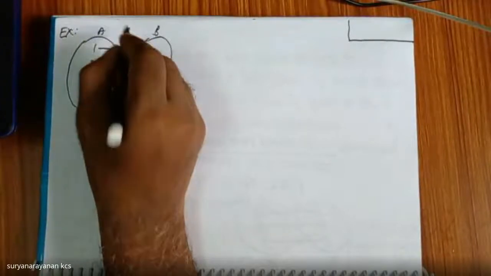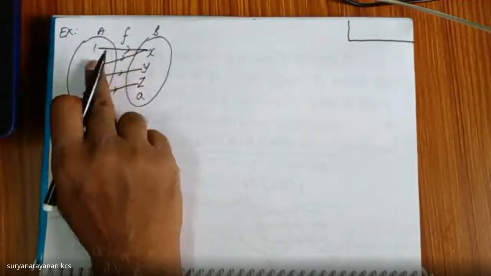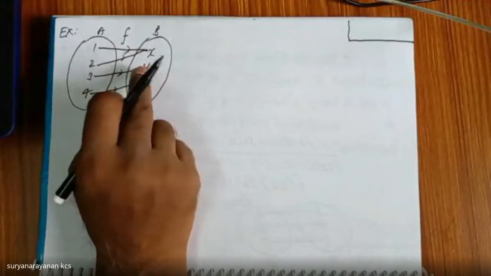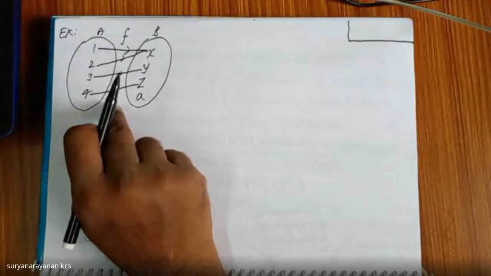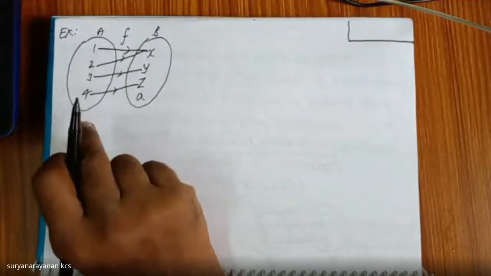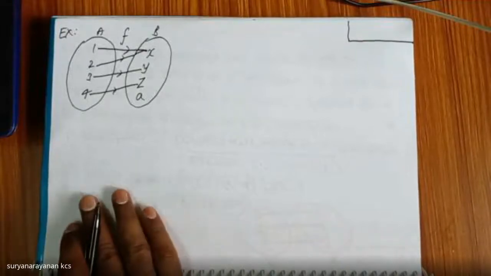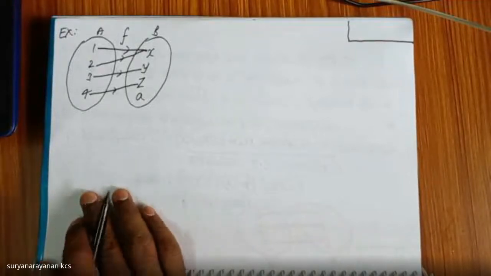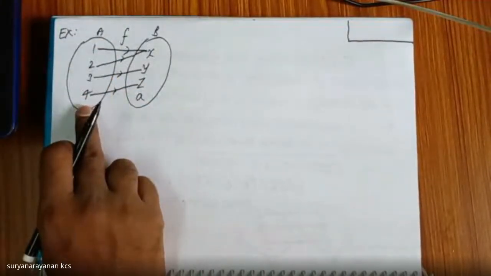If you observe this arrow diagram, suppose this is a relation F. F is a relation defined from A to B. Now let us check whether this relation F is a function from A to B or not. To check that, we have to see two conditions. The first condition is every element in the first set should be connected.